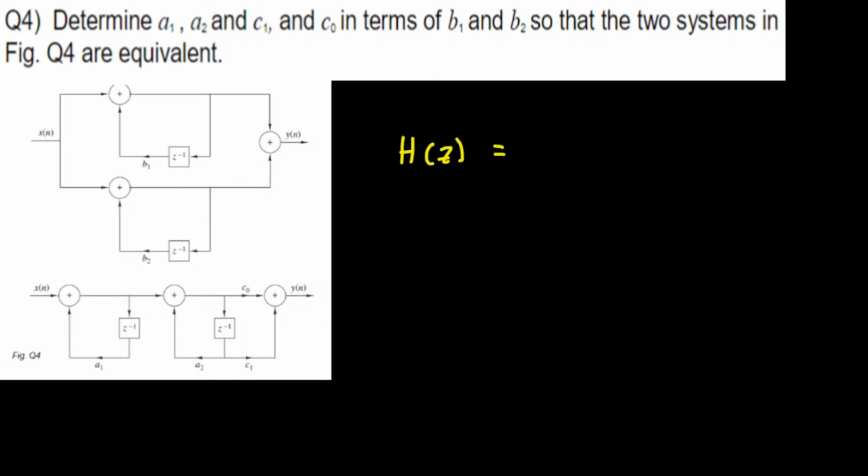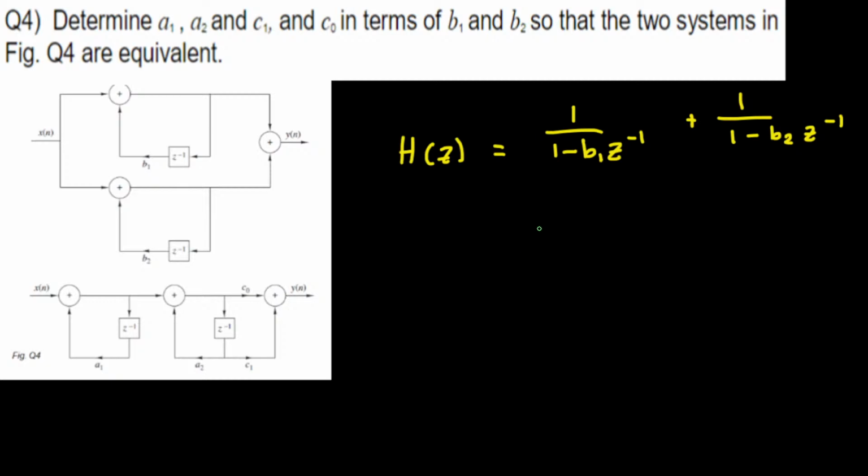So if we express this in the equation, it's going to look like this: 1 over 1 minus b1 z power minus 1. And then similarly for the b2, same thing: 1 over 1 minus b2 z power minus 1.